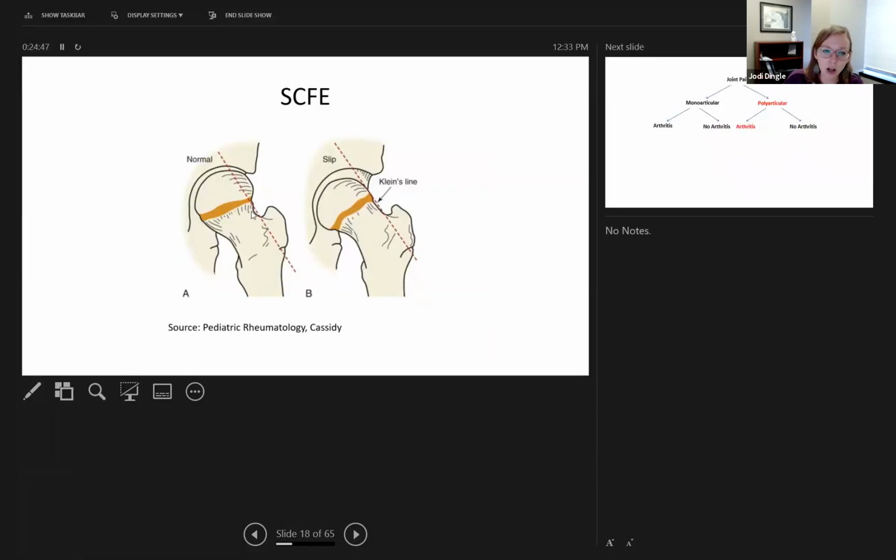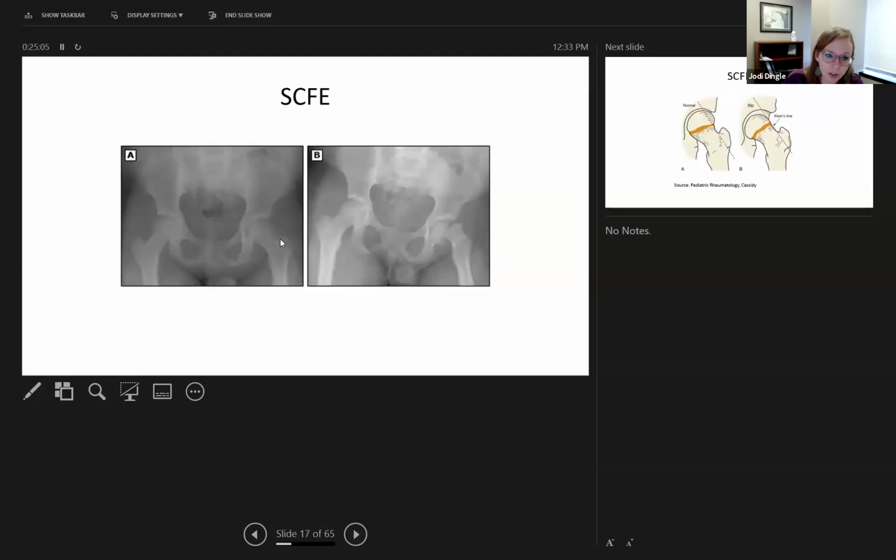If you draw a line parallel with the femoral neck, it should intersect with the head of your femur. Here it's starting to slip downward and Klein's line no longer goes through the head of the femur. If you were to draw that line here, you would see that it doesn't bisect like it does on this side. So this is a surgical emergency.